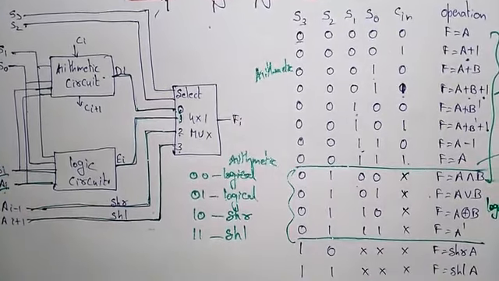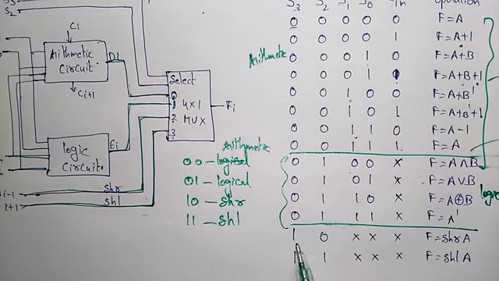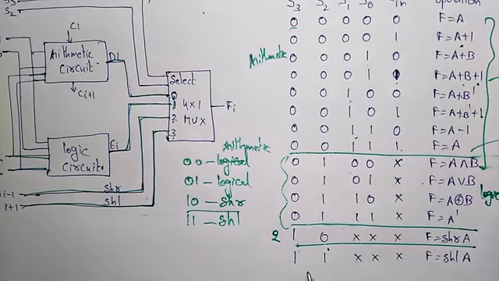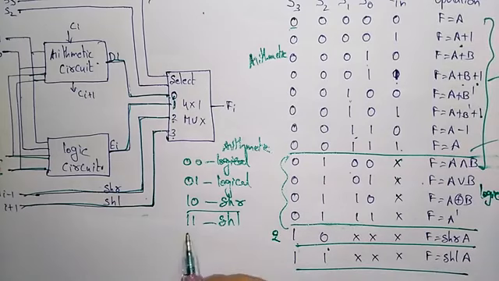Now, if S3 is 1 and S2 is 0, it indicates shift right, nothing but the multiplexer input 2, the shift right operation. And if it is 1, 1, it is shift left, nothing but 3.